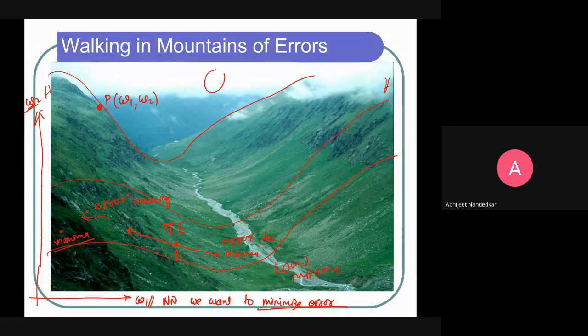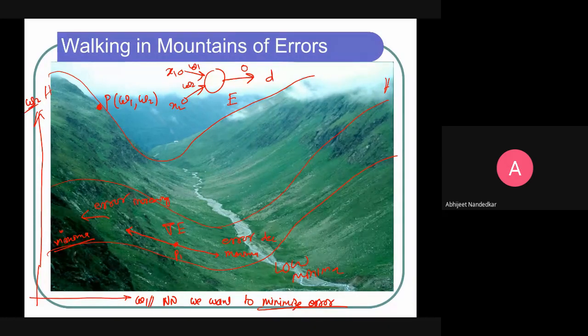Let us take a neuron which has weights W1, W2, and some inputs x1, x2 going in. There is a desired response, there is an output, and you are computing some error.